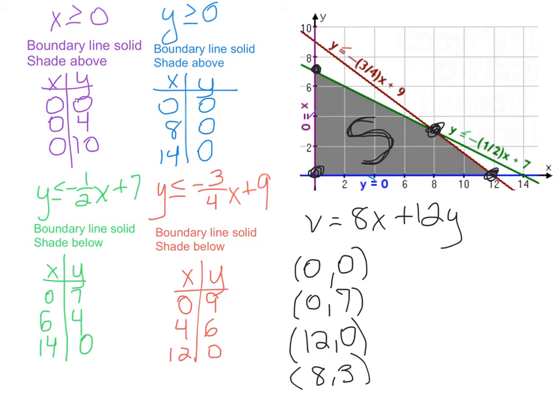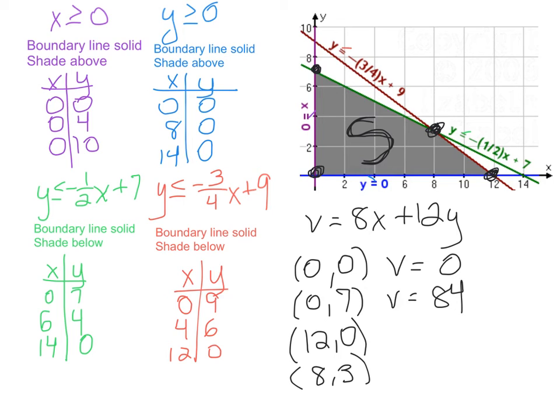So 0, 0 is going to give me 8 times 0, which is 0, plus 12 times 0, which is 0. So the volume would be 0. 0, 7 is going to give me 8 times 0, which is 0, plus 12 times 7, which is 84.